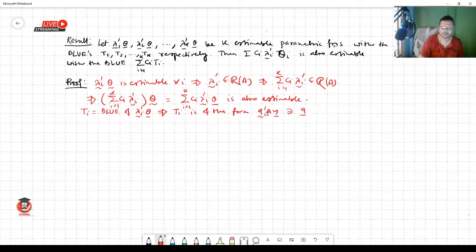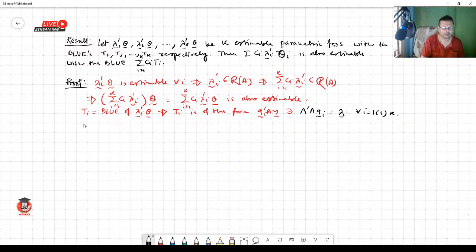I denote this by Qi, of the form Qi'A'Y, such that Qi satisfies this equation, for i from 1 to k.